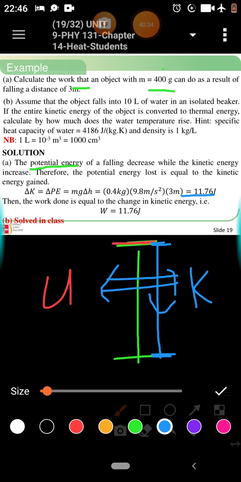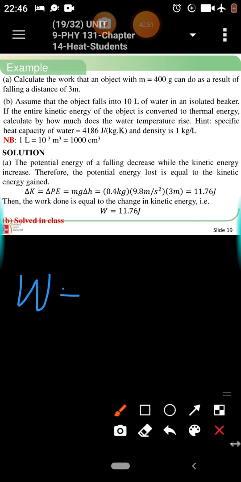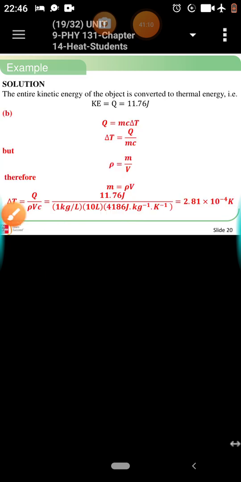Remember the equation where work done is equal to the change in kinetic energy. Remember, it was the work-energy theorem. So this means that the work done will be this. This would be the work done.